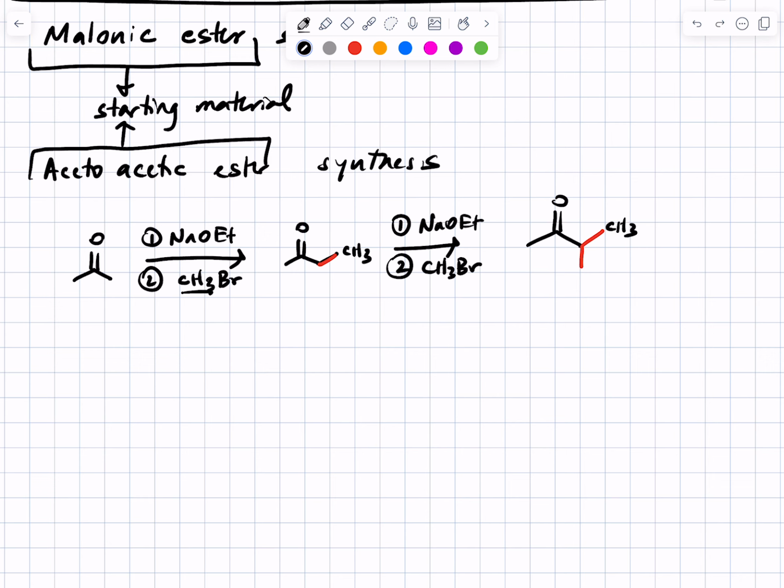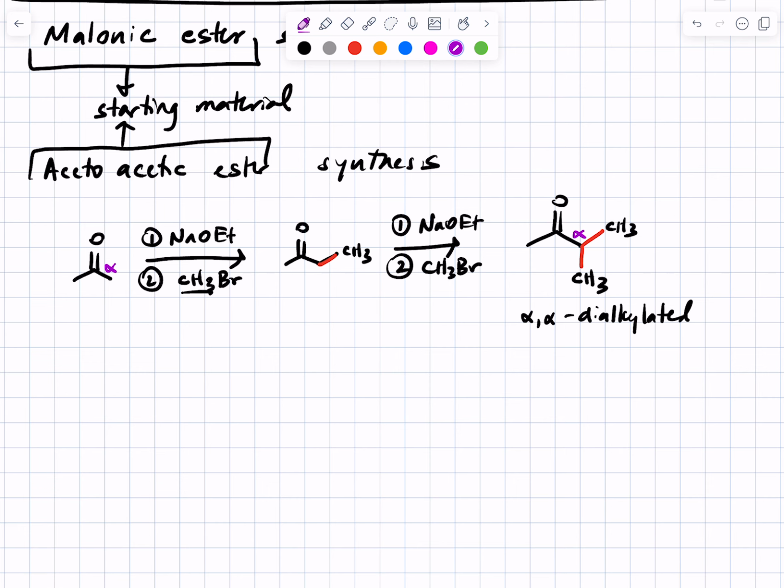Okay? We call this product an alpha-alpha dialkylated ketone, because on the alpha carbon there are two alkyl groups that weren't there to begin with. Using the assumptions that your text gives you, we're going to basically assume that that works great.